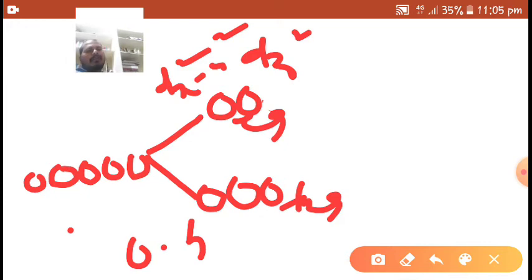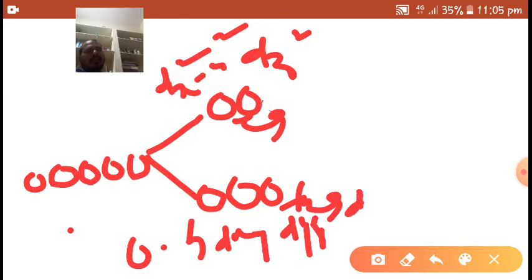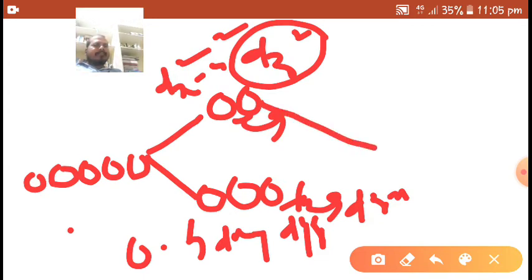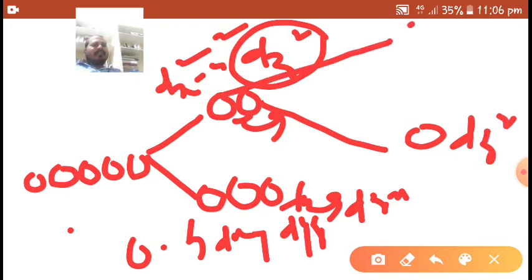What are the T2g orbitals? dxy, dyz, dzx. Here there is no ligand along the z axis, so there is no repulsion between the dz square orbital and the ligands, so its energy will be decreased, and the energy of dx square minus y square will be increased.